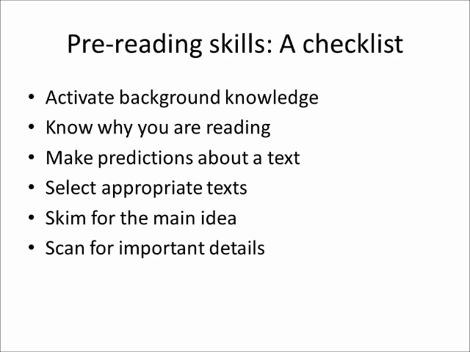So, in addition, skills of pre-reading that we can practice in the classroom, we can expose learners to in the classroom. For example, activating background knowledge, like with the previous activity. Ask students why they are reading.